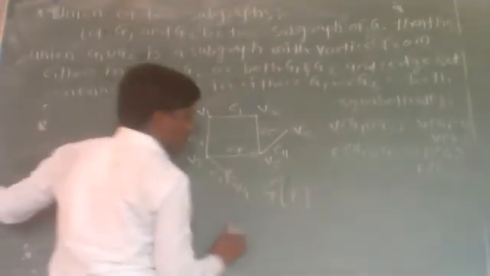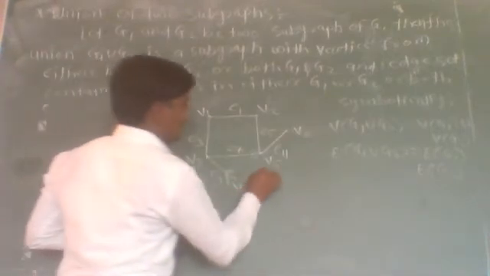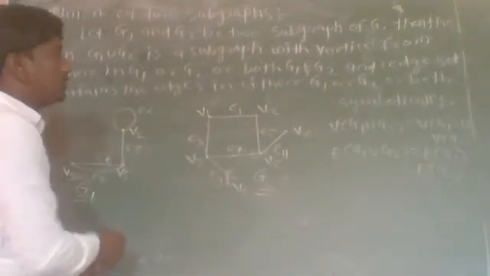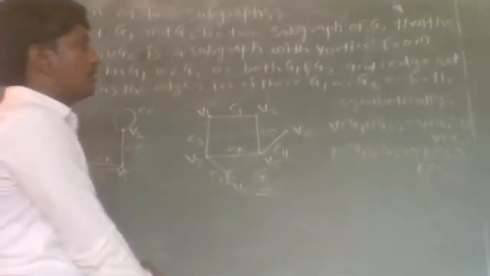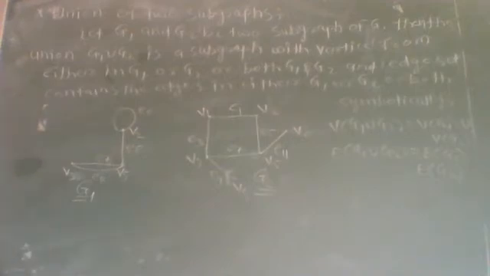Now let us suppose that these are the two subgraphs G1 and G2. This one is the subgraph G1 and this one is the subgraph G2. Now we have to find the subgraph G1 union G2. G1 union G2 contains all the vertices which are either in G1, G2 or both, and similarly the edge set contains all those edges which are either in G1, G2 or both.